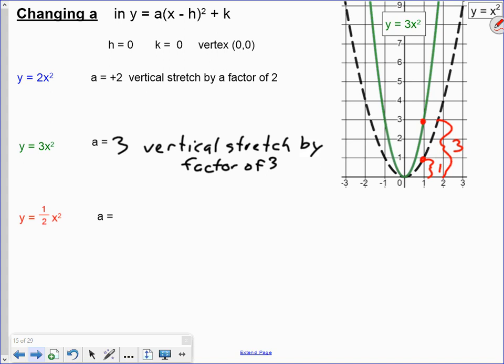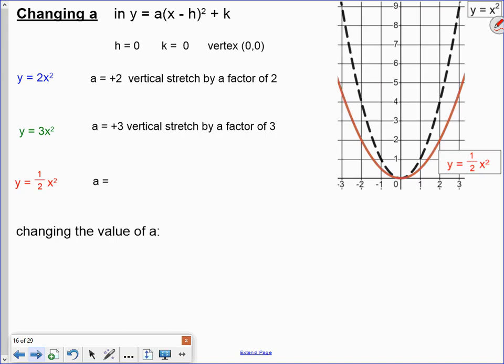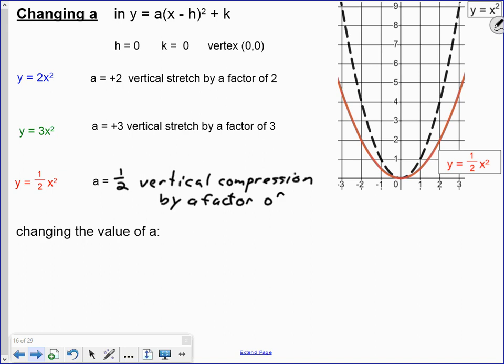Our last one here, y equals 1/2 x squared. You can see that our parabola appears to have gotten wider, so we call this a equals 1/2. This is a vertical compression by a factor of 1/2.